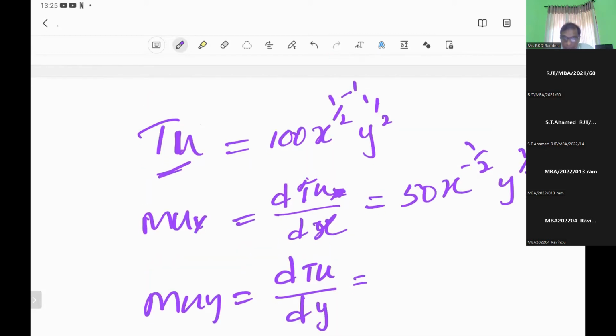Then half into 100, that is 50. Then x to the power half is existing as it is, you have to write it here. Then you differentiate y subject to y, you deduct 1. Then y to the power minus half.